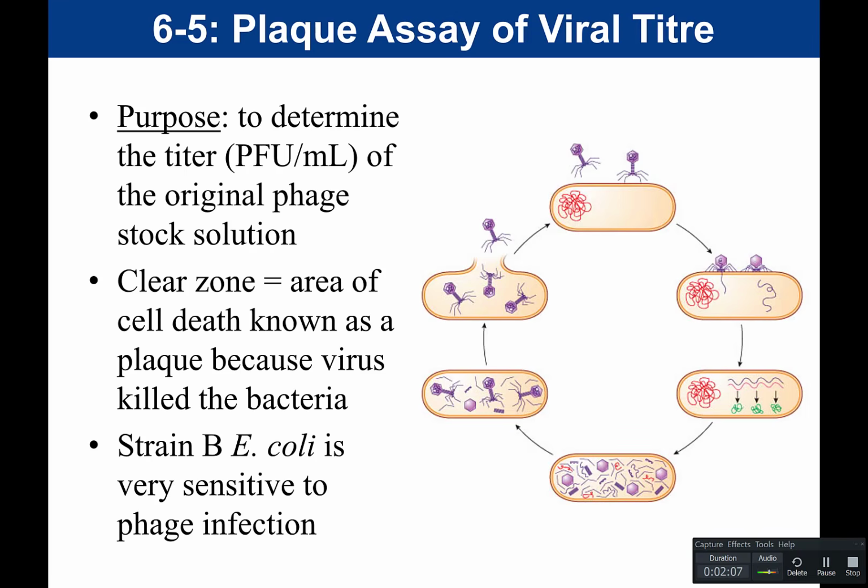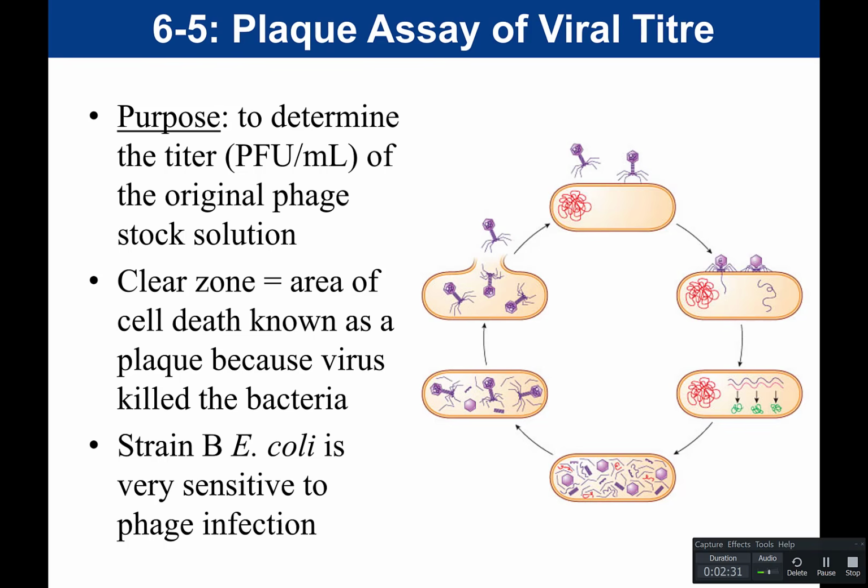So for your plaque assay, the really big important thing that you need to know is the purpose. The purpose of that experiment is to determine the titer, or the PFUs per milliliter, of the original phage stock solution. You want to understand what a clear zone is. A clear zone is an area of cell death known as a plaque.